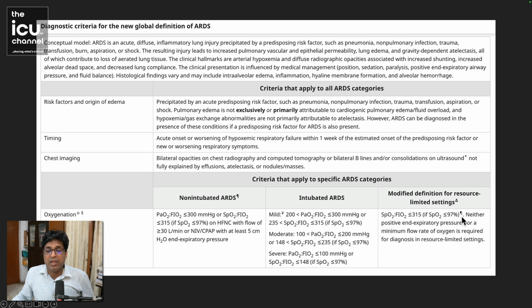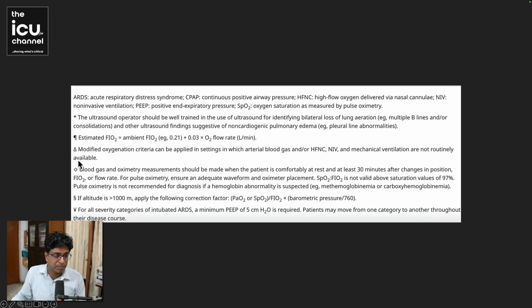Then, no pressure, no flow, no PEEP, no EPAP, no CPAP. The only thing is, if your SpO2 is less than 97% and the SpO2/FiO2 ratio is less than 315, the patient can be labeled as ARDS. So that's a very important thing. You see, modified oxygenation criteria.